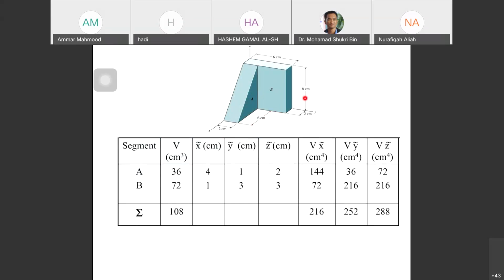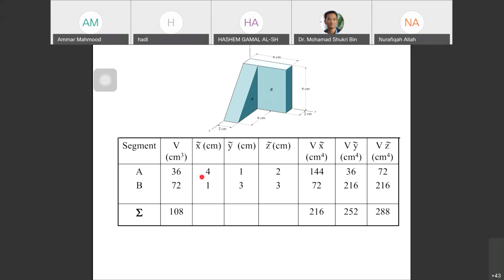For B, it is 6 times 6 times 2, length, width and height, and you get 72.